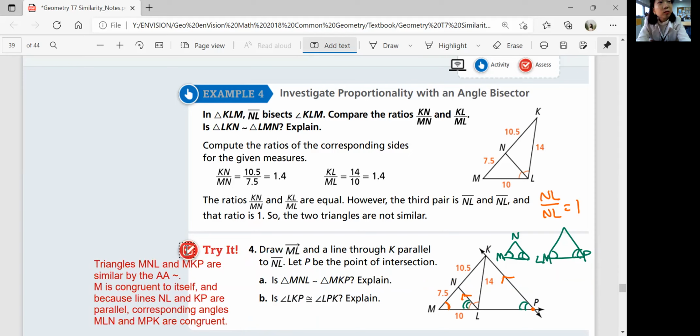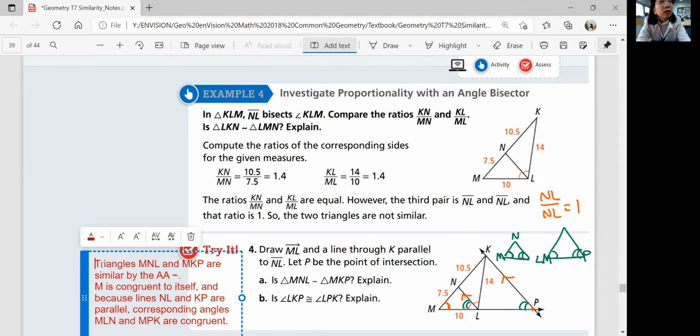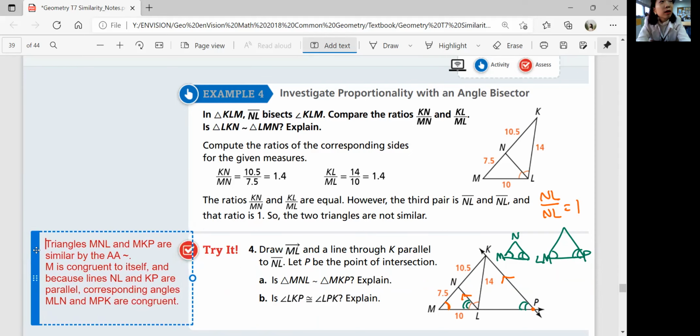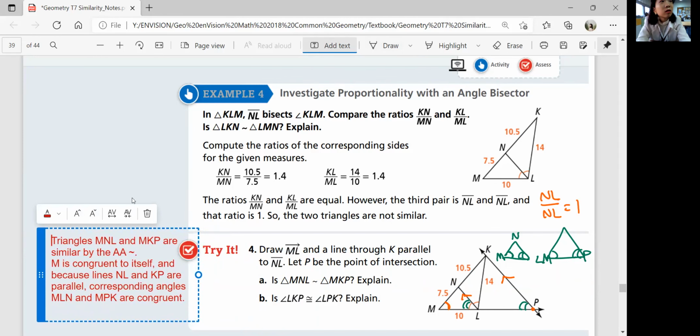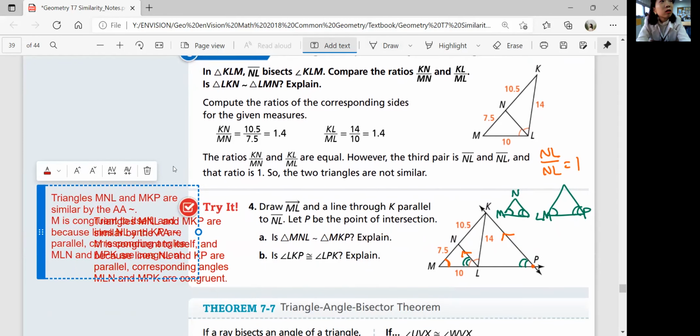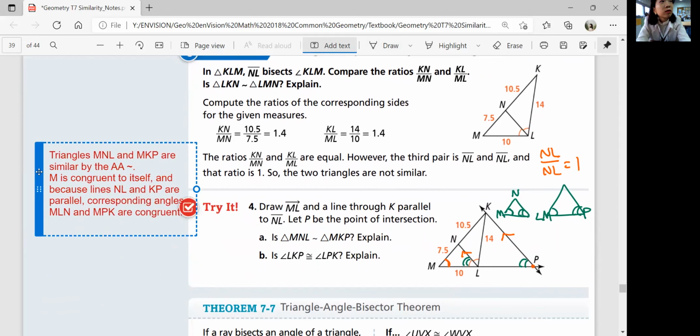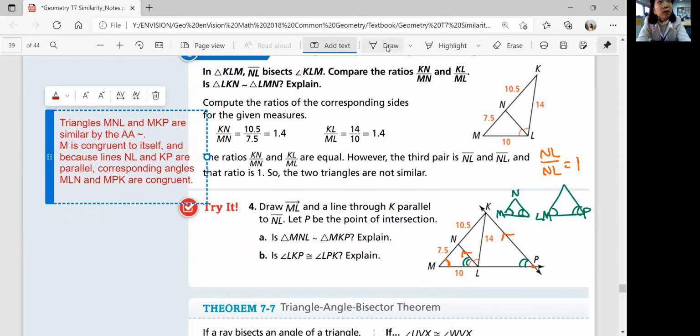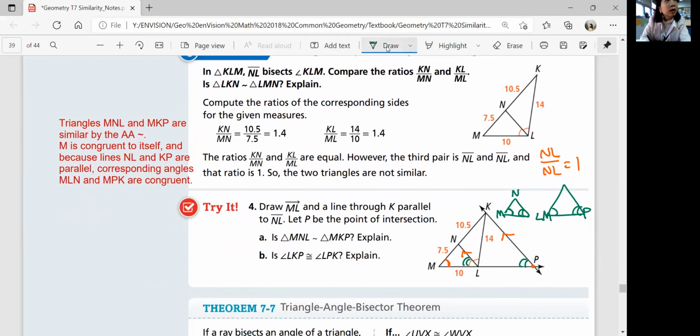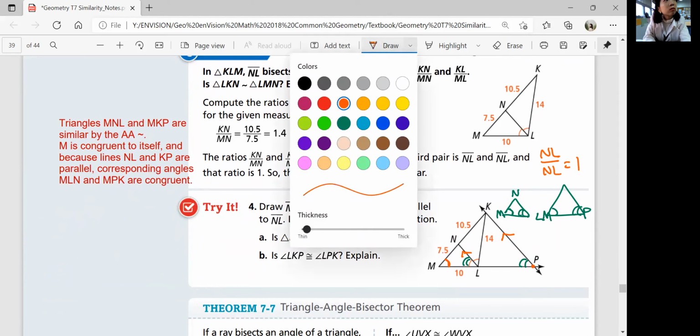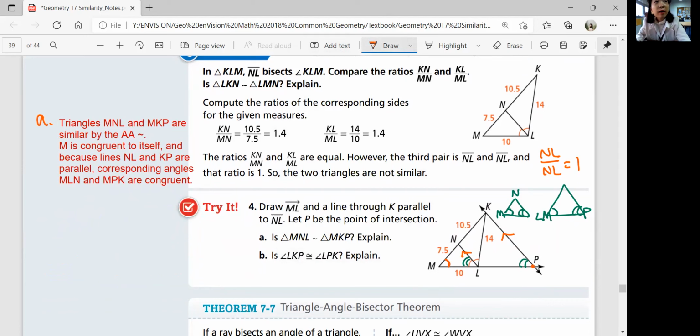Okay. What about part B? So this one's part A. Let me move this up so that I have room to write B later. Okay, is angle LKP congruent to LPK?